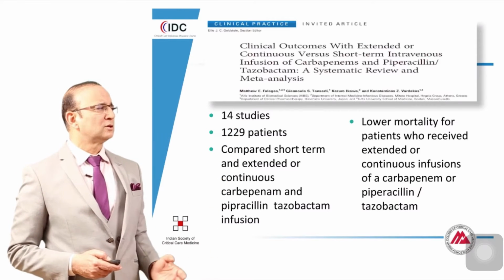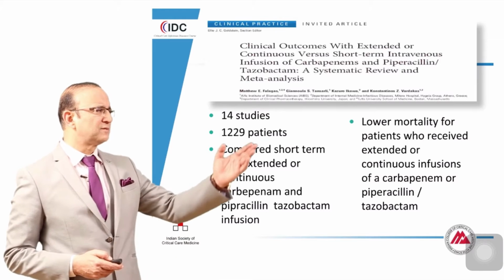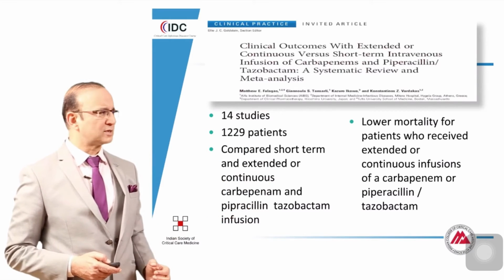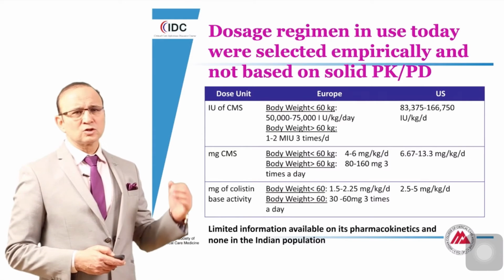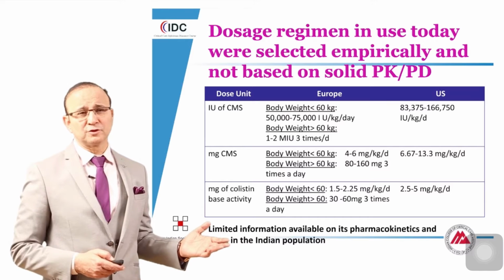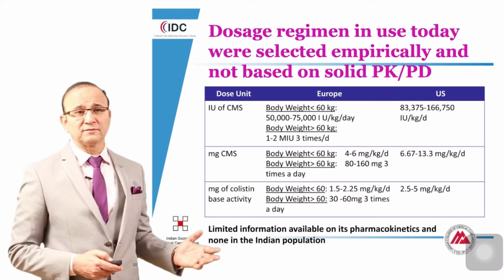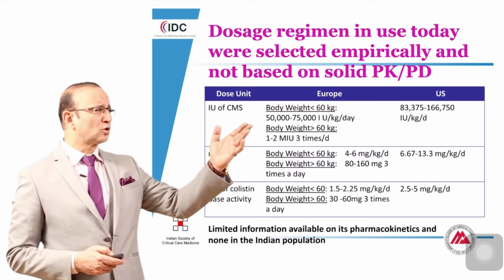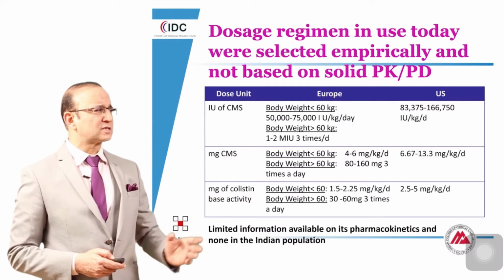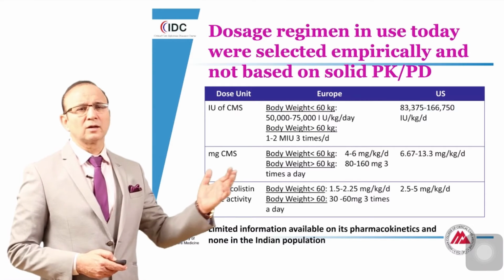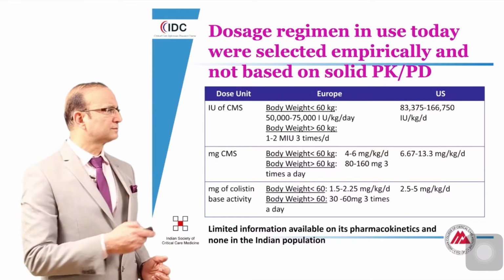They found lower mortality for patients who received extended or continuous infusion of a carbapenem or piperacillin tazobactam. So these drugs ideally should be given in an extended infusion form to achieve better efficacy. Then for the doses, in Europe and the US, there are different doses described, but one needs to give the doses of these drugs according to the weight of the patient.